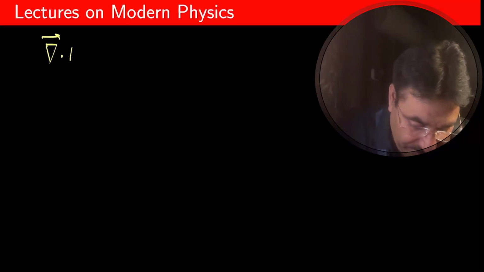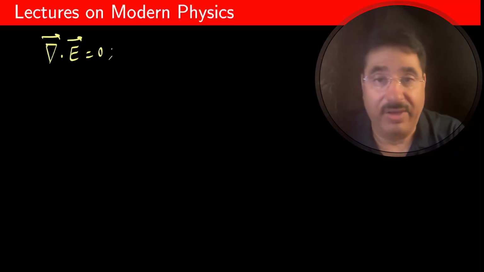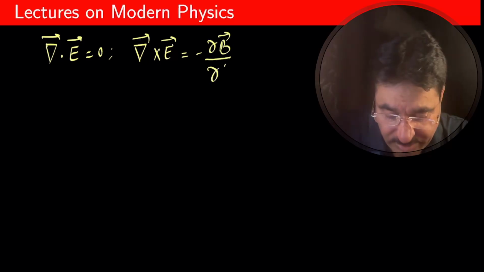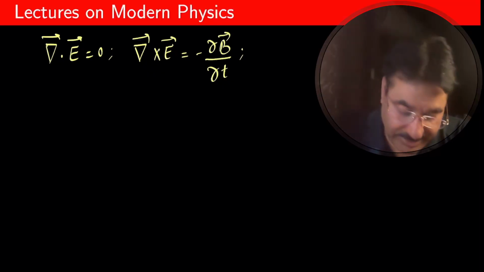So in vacuum, in free space, our del dot E, the first equation, would be 0, because there are no charge densities there. There is no charge in vacuum, right? And then the curl of the electric field would retain its value, because it's an equation purely in terms of fields. There are no source terms. It is that del cross E is minus del B by del t.